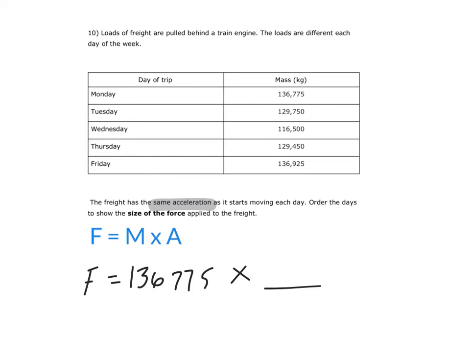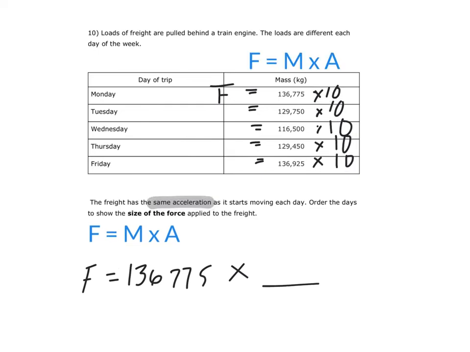So F equals the mass times the acceleration. You basically just had to pick any number you wanted. You could have done 10 times 10 times 10 times 10 times 10. It's still that equation from the second law.